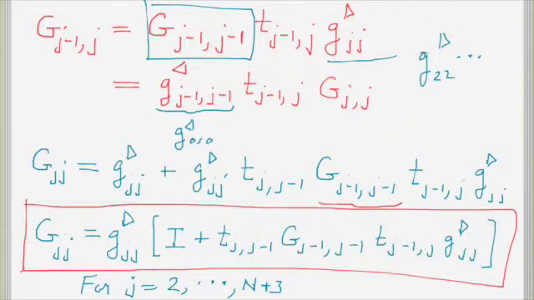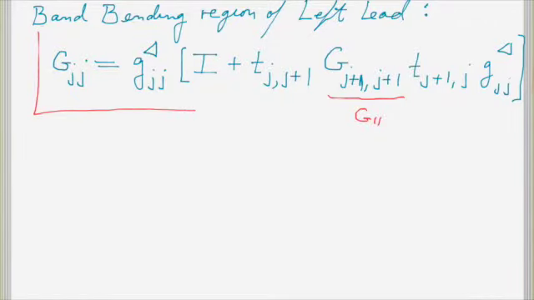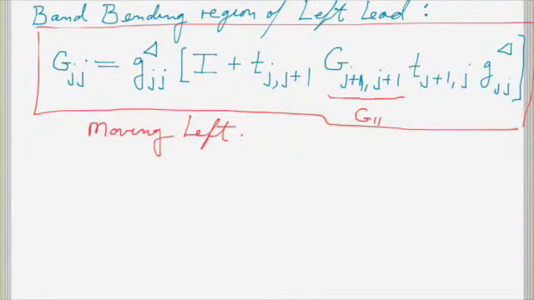So here we're moving to the right, and over here we're moving to the left. Okay, so now at this point we have all our diagonal blocks. That's good. We still need that left block column, that first block column of the non-equilibrium region.